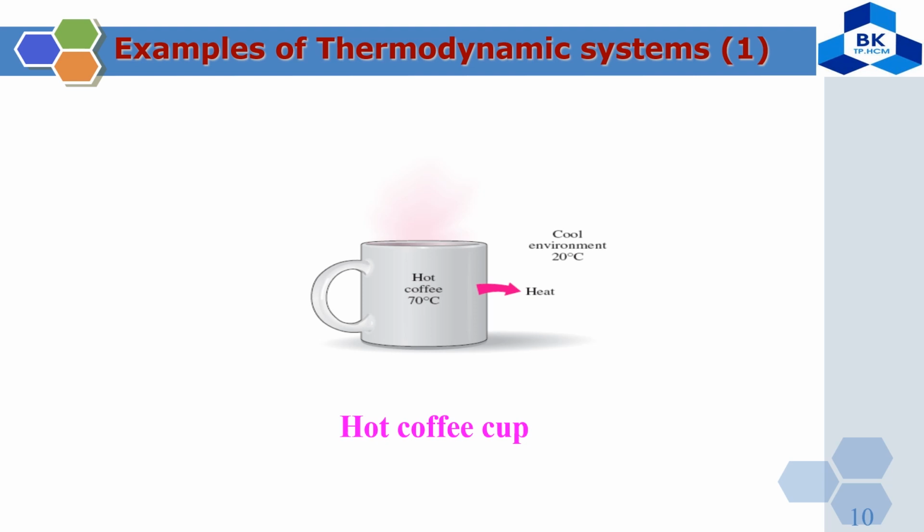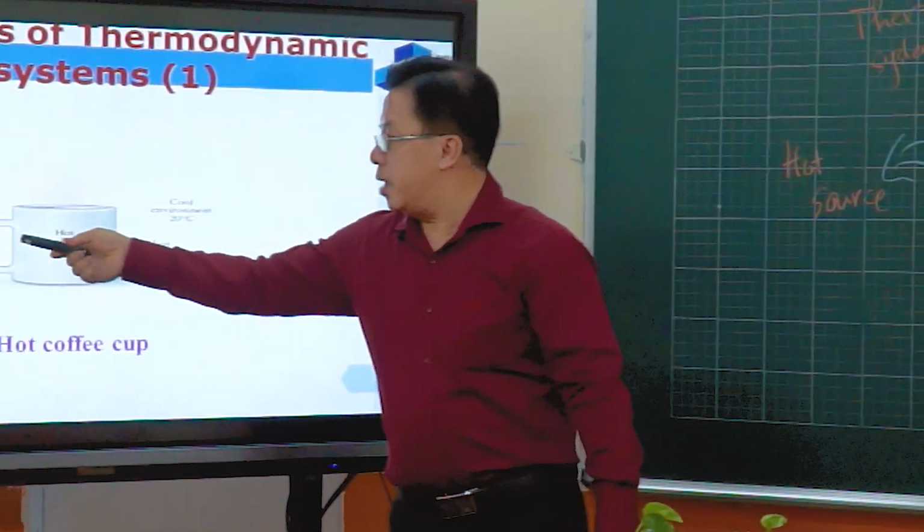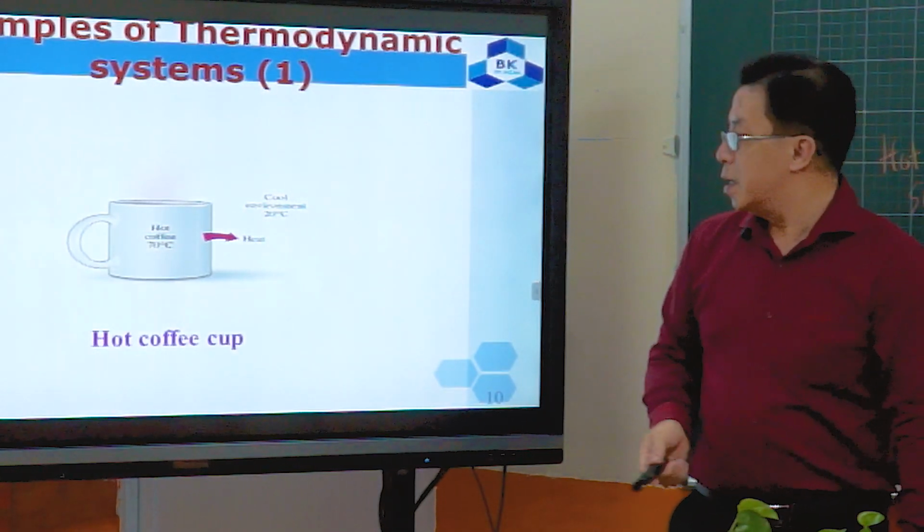So in this case, the substance is the hot coffee. The hot source is inside the cup, with the high temperature. The cold sink is its surrounding environment with lower temperature. And of course, in this case, the cup itself is the boundary.